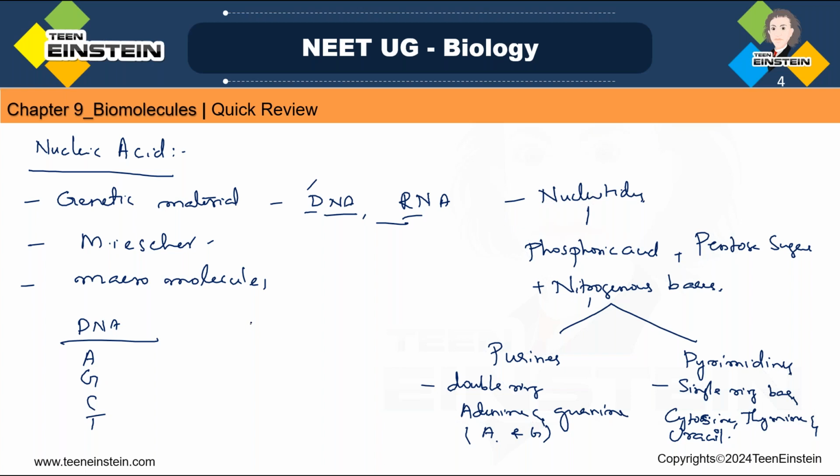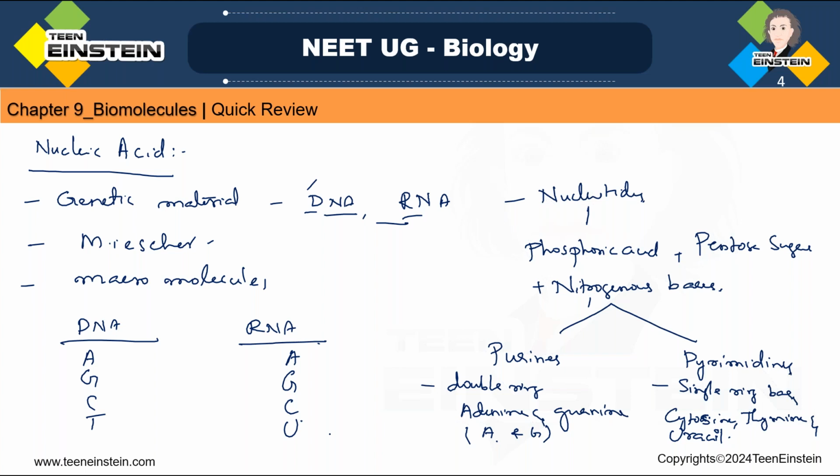Okay, but in RNA, the nitrogenous bases are adenine, guanine, cytosine, and uracil. Instead of thymine, it has uracil.